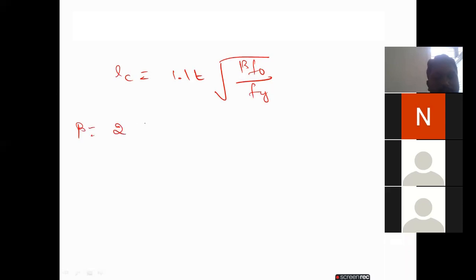Yeah, next. For calculating LC, we have one more formula: 1.1 T into square root of beta F naught by Fy. Here beta equals 2 for non-pre-tensioned bolts, 1 for pre-tensioned bolts.